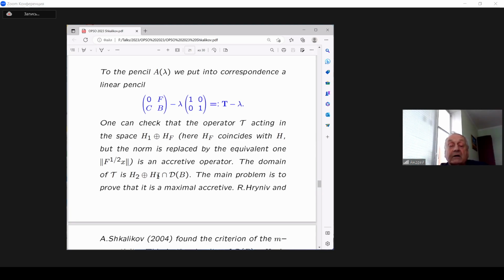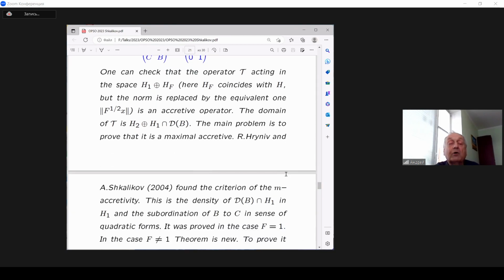And we assume also that H1 intersection with the domain of B is dense in H1. The main problem is to prove that it is a maximal accretive operator. My student Hrinev and myself in 2004 found the criterion of m-accretivity.